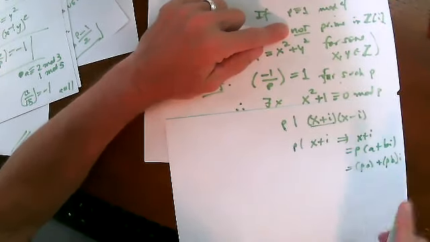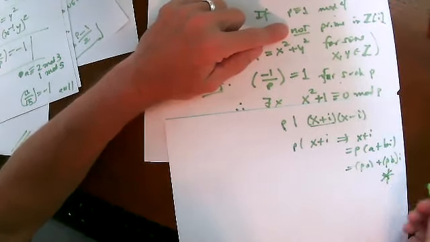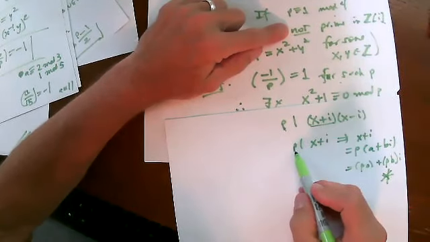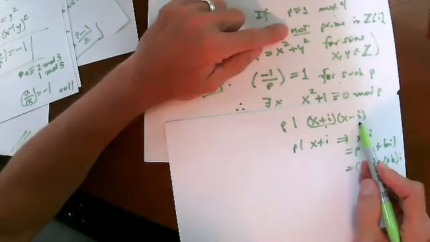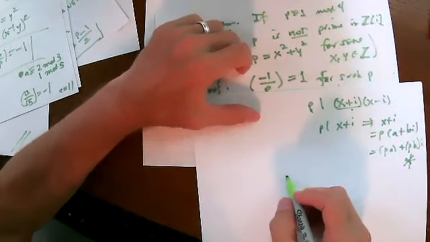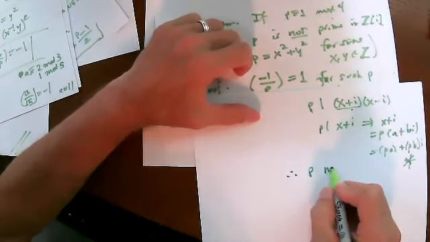So that's a contradiction. So p cannot divide that factor, and similarly it doesn't divide the other factor, and so that means that p is not prime.